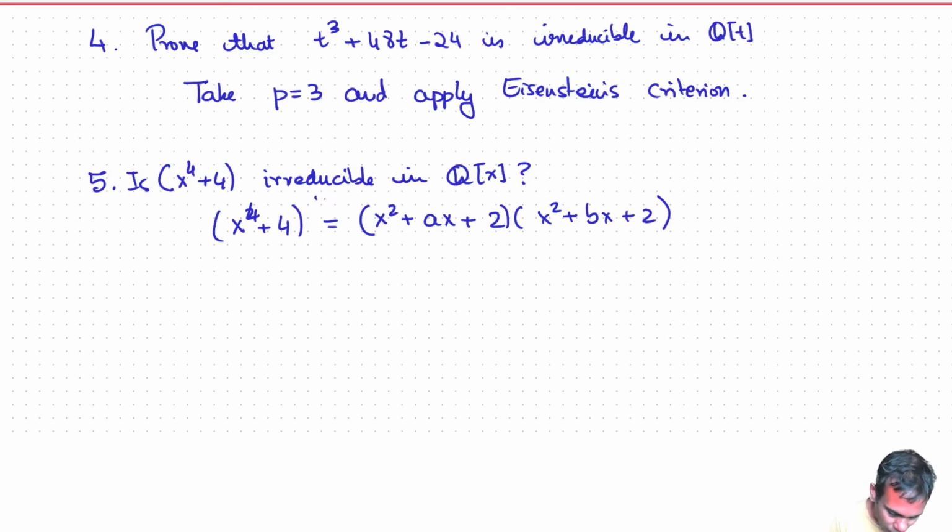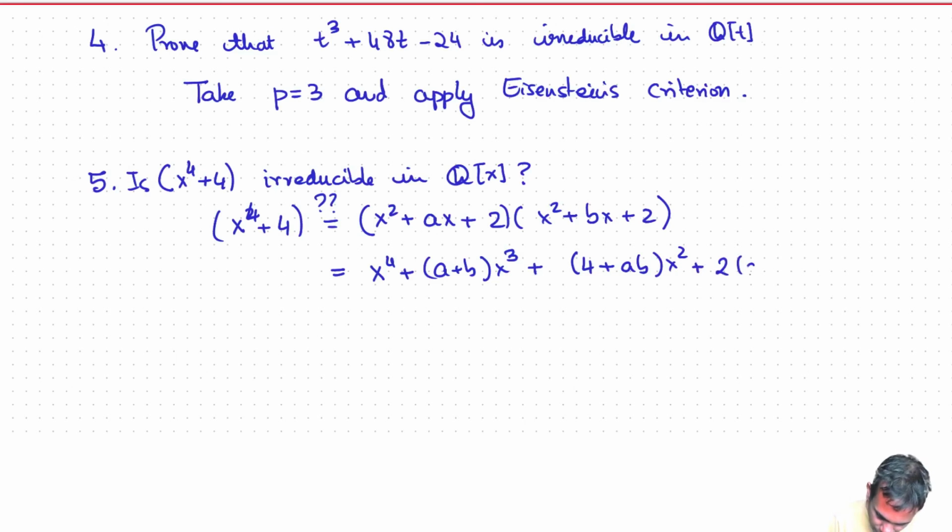We don't know for sure that we have a factorization like this. Let's just try it. If you expand this out, you get x to the power 4 plus (a plus b) x cubed plus, 2 here and 2 here, so 4, if we want x squared, (4 plus ab) x squared plus 2 into (a plus b) x plus 4.